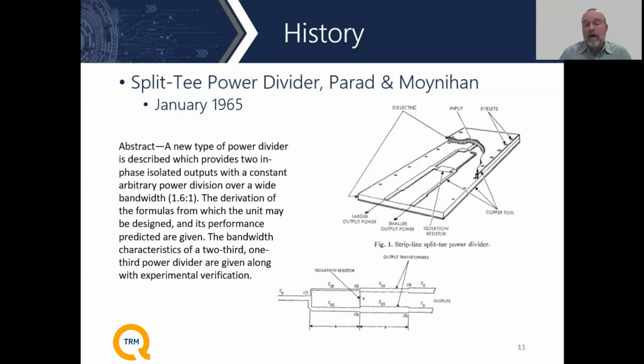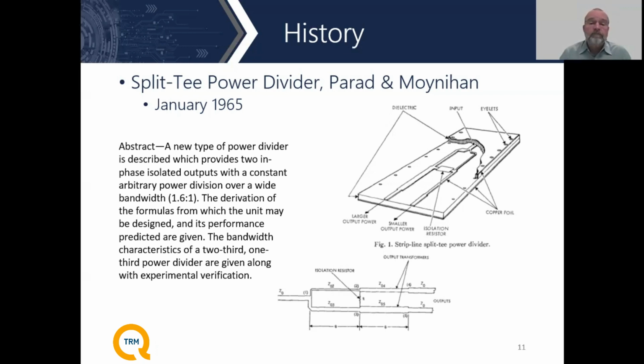So this increased the bandwidth, and it also allowed for unequal power division, which can be very helpful if you're trying to build a feed network for a phased array, for example, where you want to have a Taylor weight across the aperture. These sorts of power dividers work quite nicely for doing that. So for multiple reasons, this was an important paper that was written back in 1965.